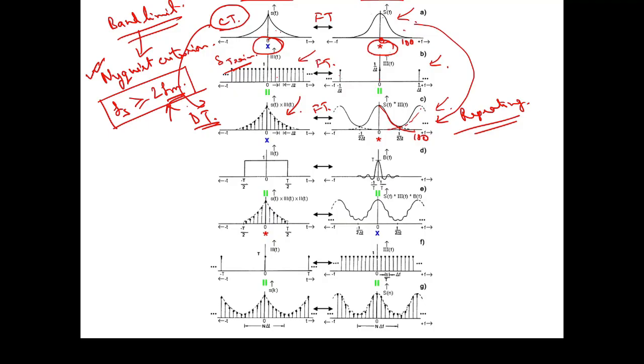Okay, so you have to choose the characteristics of the impulse train which is related to the Fs, because how much this delta t will be governs what your sampling frequency is. 1 by delta t is your sampling frequency basically, right?